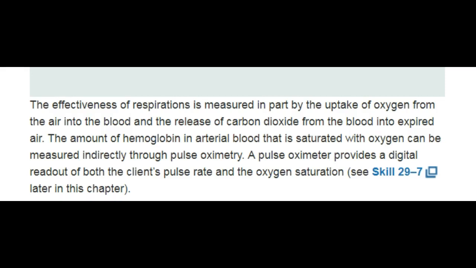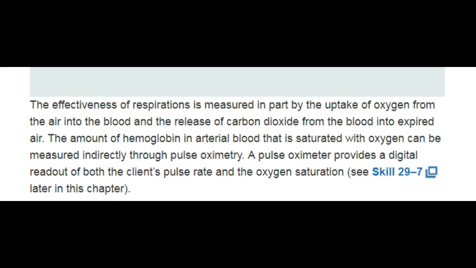So we breathe in oxygen and we breathe out carbon dioxide. Okay, we breathe in, we breathe out. We breathe in oxygen from the air into our blood, and the release of carbon dioxide from the blood into expired air. Okay, the amount of hemoglobin in the arterial blood that is saturated with oxygen can be measured indirectly through a pulse oximetry.